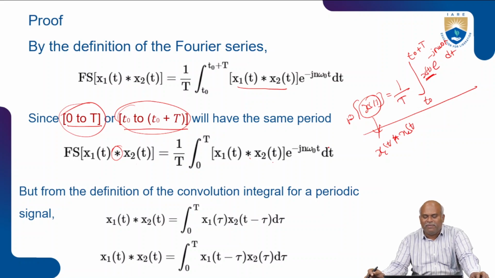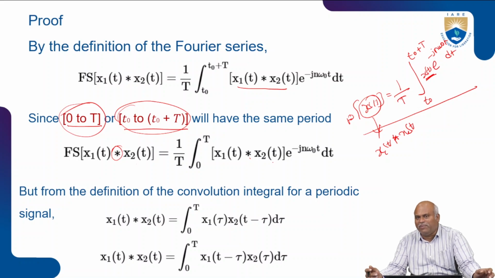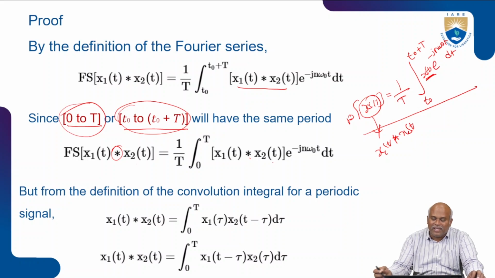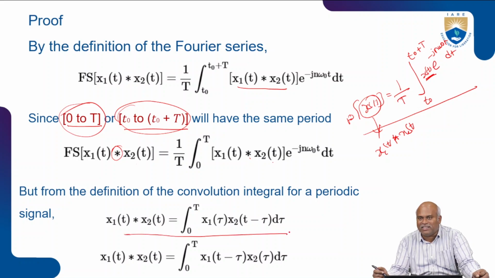Now, by the definition of the convolution integral, we know well that for an LTI system, convolution of two signals x1 of t and x2 of t is equal to integration from 0 to T of x1 of tau x2 of t minus tau d tau. Okay, this is the convolution equation of an LTI system.